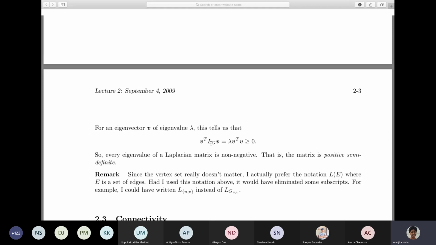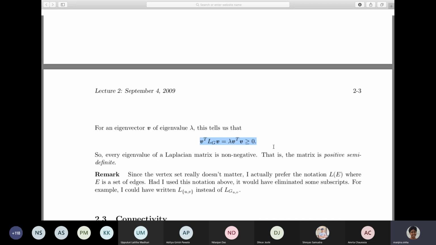So this condition, that v transpose Laplacian v equals lambda v transpose v, is greater than or equal to 0. This condition is important: every eigenvalue of a Laplacian matrix is non-negative.